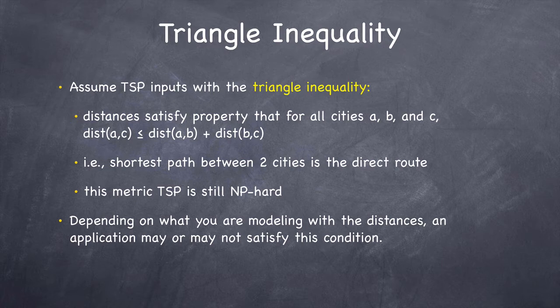Depending on what you are modeling with the distances, an application may or may not satisfy the metric condition. But we are going to look into this metric traveling salesman problem a little bit more closely, because at least for trucking companies, this is the one that's more relevant.